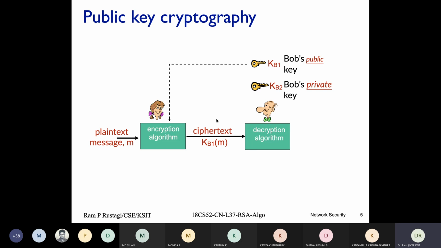Bob will use his private key, called KB2. Using the ciphertext message C, which is KB1 of M, he applies KB2 on it. When he applies that, he gets the plain text out, derived by applying the KB2 decryption algorithm on KB1 of M, the encrypted message, and then you get the message back, the plain text. This is the primary concept of public key cryptography.